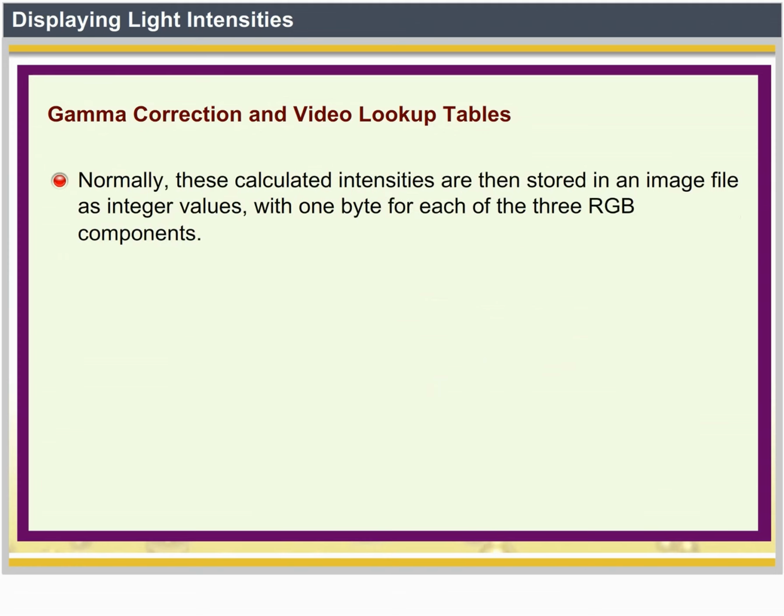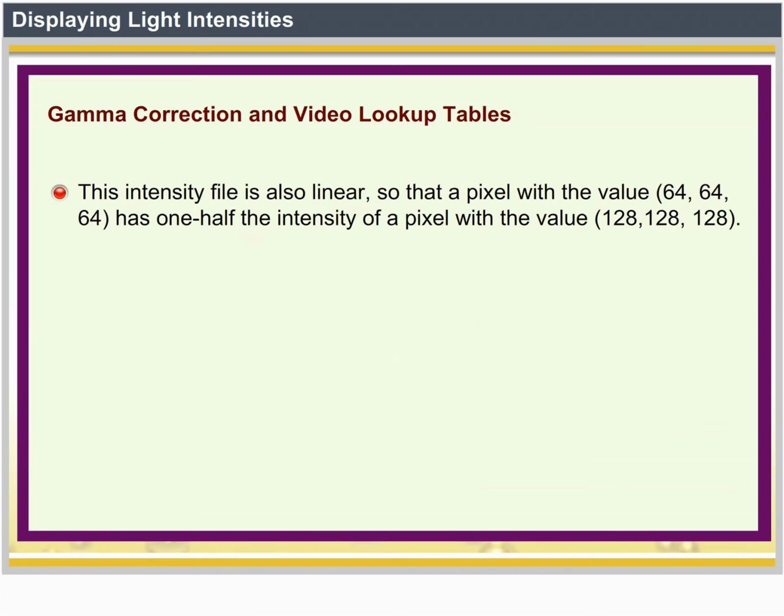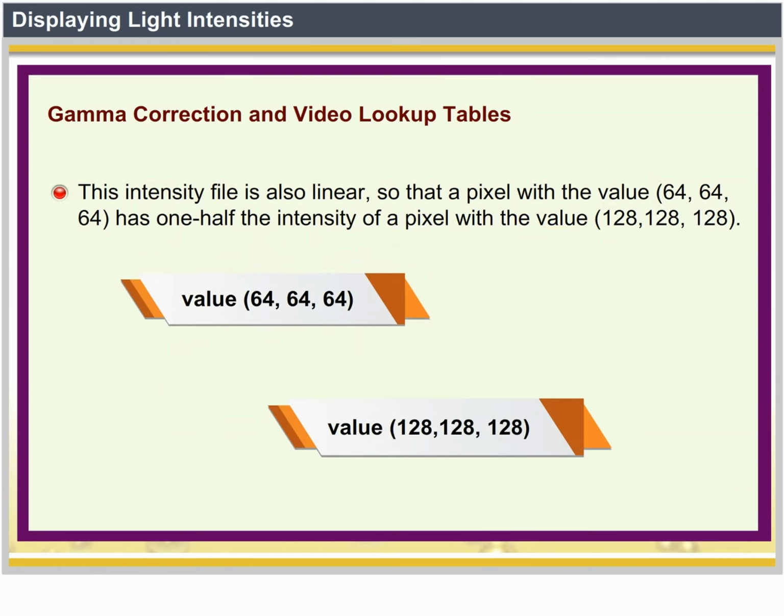Usually these calculated intensities are then stored in an image file as integer values with 1 byte for each of the three RGB components. This intensity file is also linear, so that a pixel with the value 64, 64, 64 has one half the intensity of a pixel with the value 128, 128, 128.